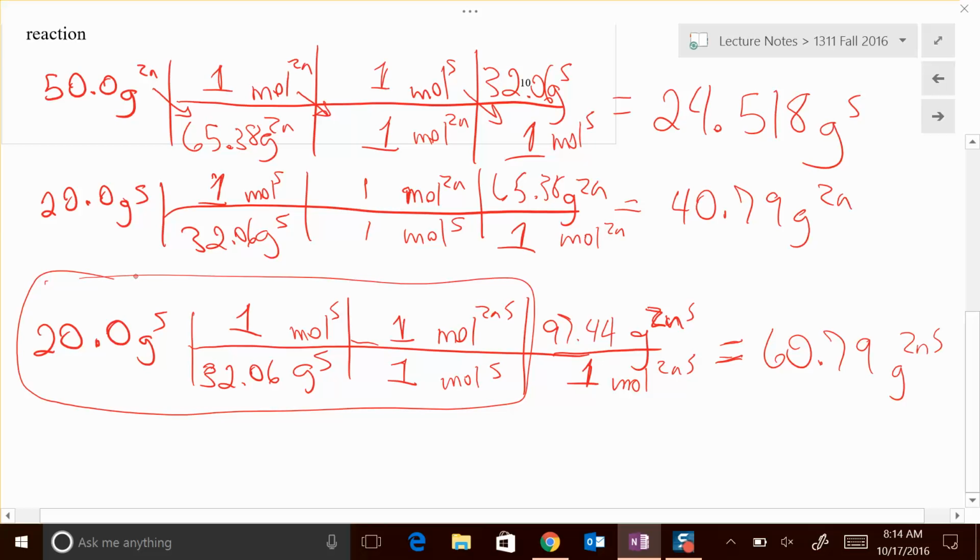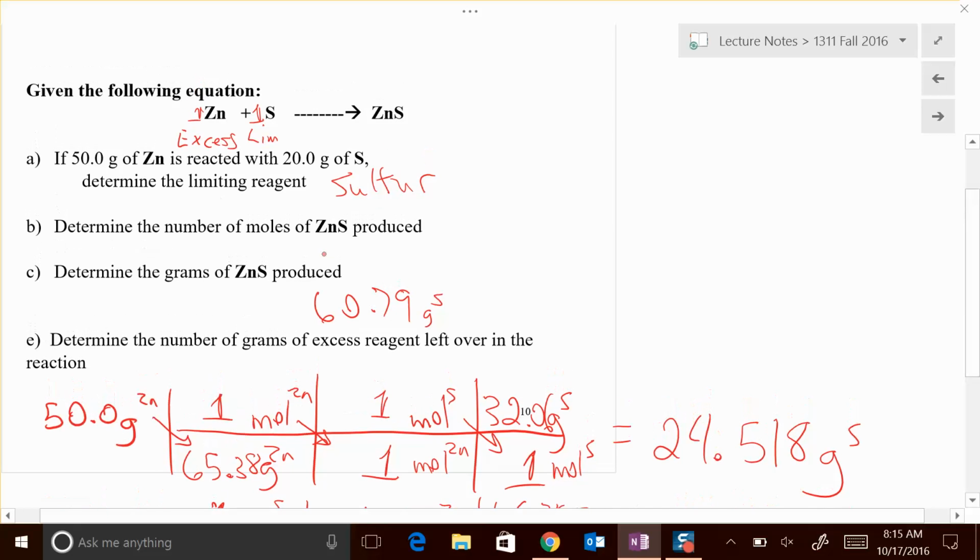What was that one? 0.624. Okay. So if I had stopped there, I would have found the moles of zinc sulfide, right? But if I keep going, I find the grams of zinc sulfide, which we did in the end. So 0.624 moles of zinc sulfide.